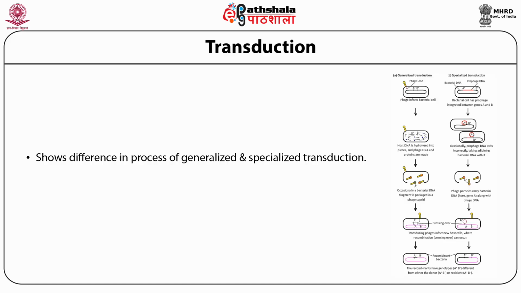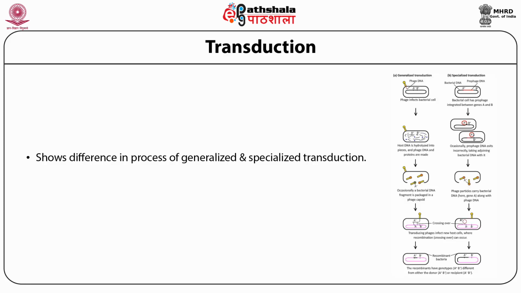bacterial characteristics. On the other hand, there can be another method of transduction, and that is when instead of the phage particle causing immediate lysis of the bacterium, it integrates its own DNA into the bacterial DNA, and therefore it remains as prophage and multiplies along with the bacterial DNA.